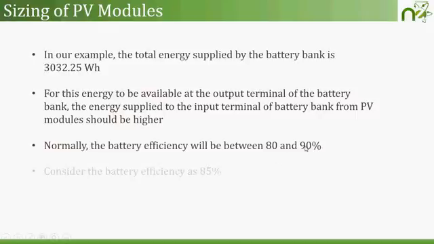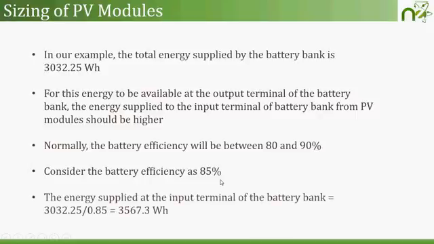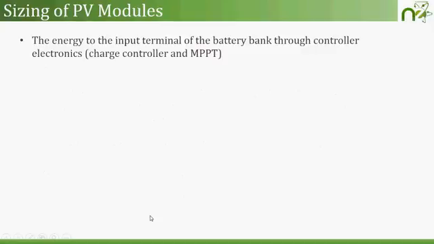Normally we consider the battery efficiency to be 80 to 90%. Let's take the battery efficiency as 85%. So the new energy supplied will be 3032.25 divided by 85%, which will be 3567.3 watt hours.